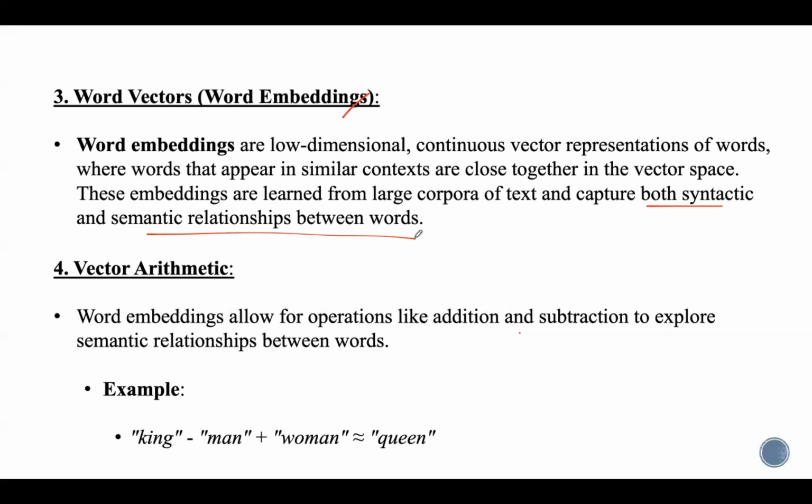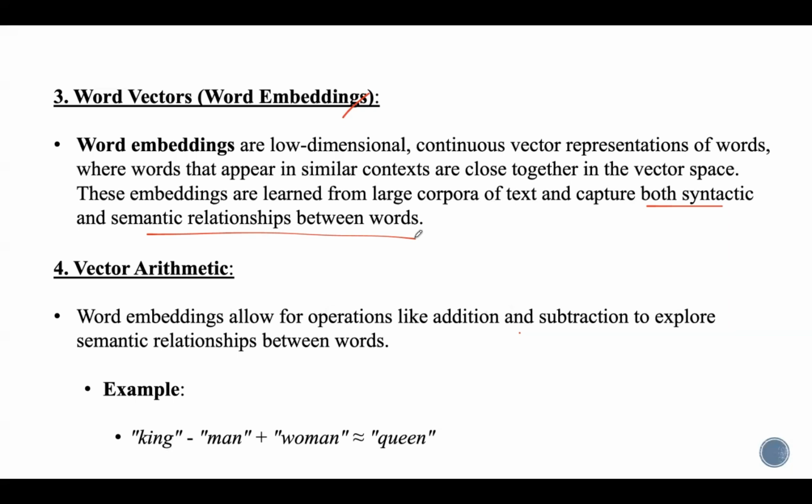Popular methods for word embeddings: the first one is word2vec. In that we have skipgram and CBOW. Skipgram trains a model to predict a word given its surrounding context, whereas CBOW predicts the surrounding context given a word. Then GloVe, global vectors for word representation.